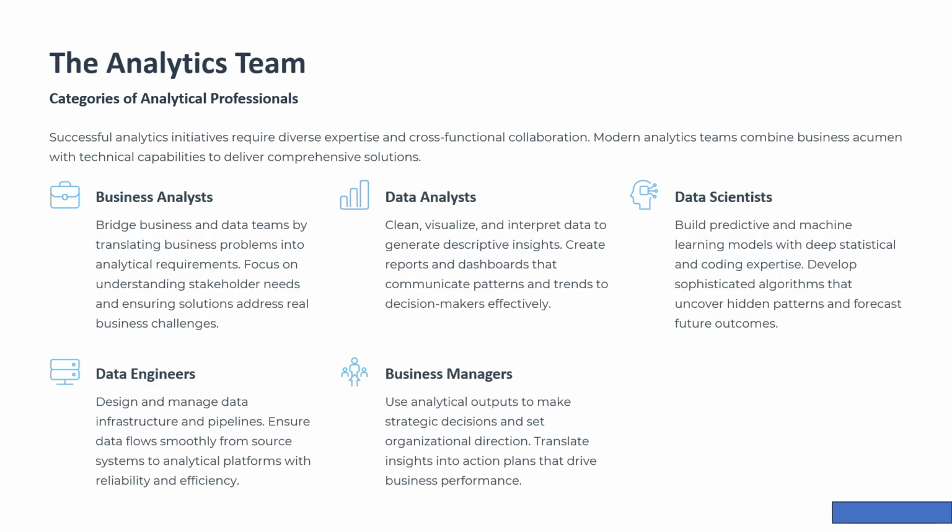They are decision makers who use the insights. Their role is to translate insight into actions like changing strategy, adjusting budgets, or launching initiatives. In a good analytical team, all these roles collaborate closely so that technical work is always aligned with business goals.